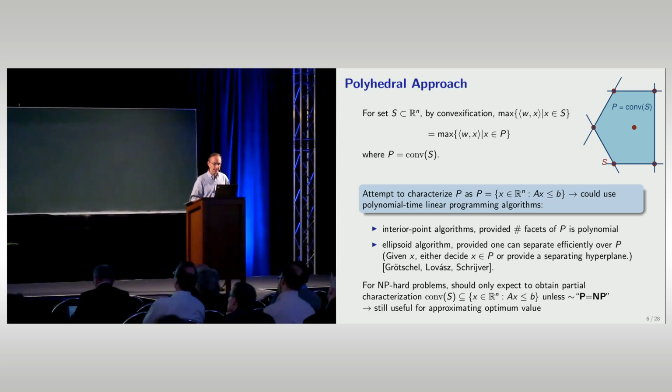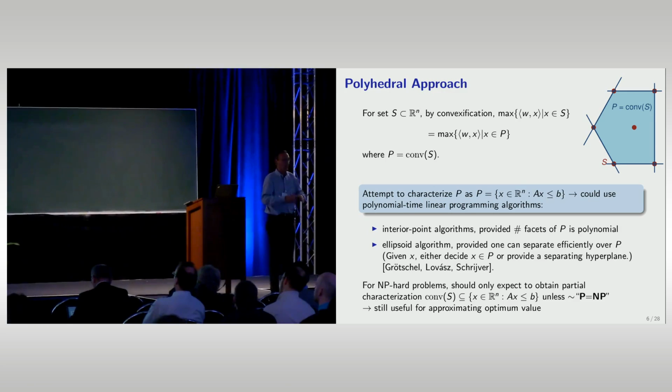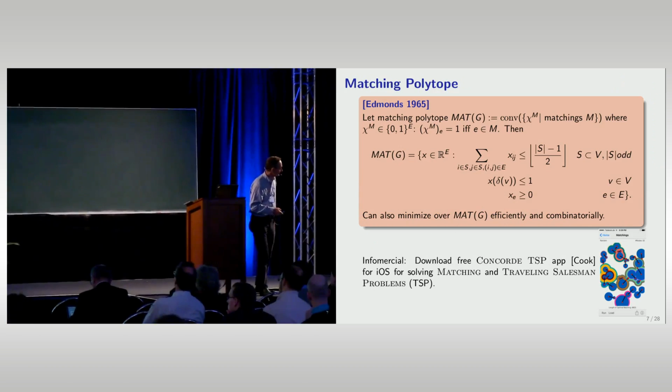So let's try that for matchings. But before that, let me briefly comment on that last line: for NP-hard problems, we should not expect to be able to fully characterize the convex hull, but we'll still try to at least partially characterize it.